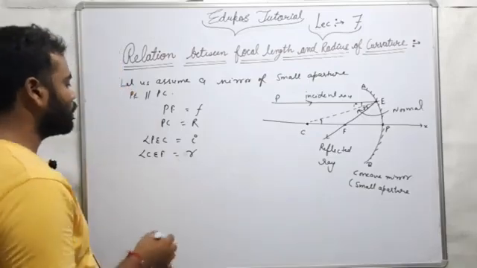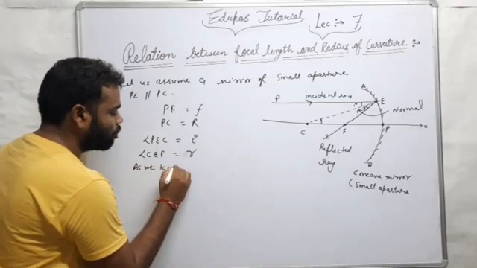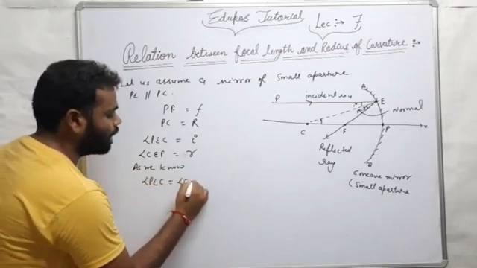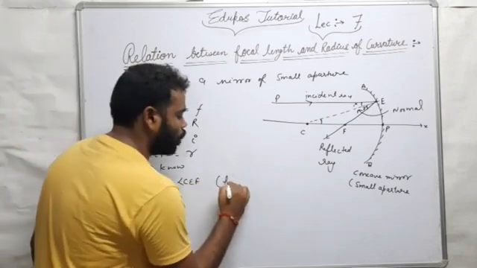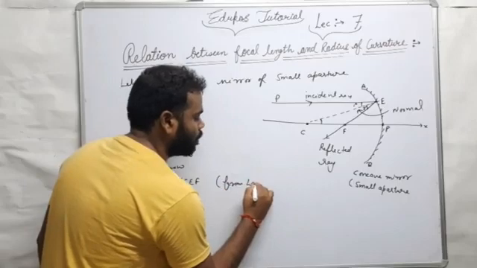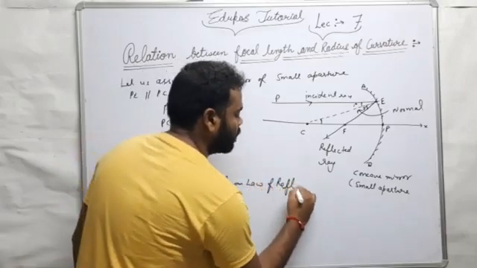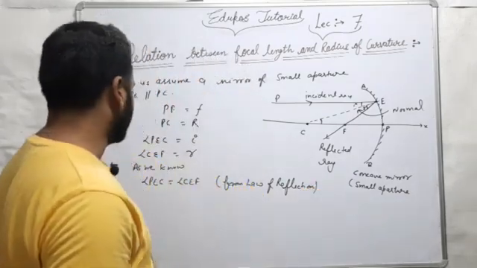Now as we know, angle PEC will be equal to angle CEF. Clear? From the law of reflection, which clearly says that the angle of incidence will be equal to the angle of reflection.